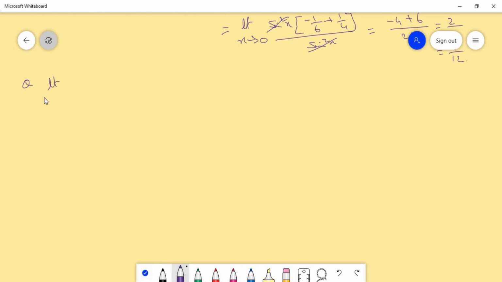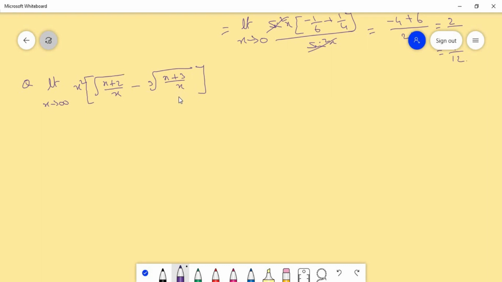Limit x tends to infinity, x square into root over (x plus 2) by x minus cube root of (x plus 3) by x.